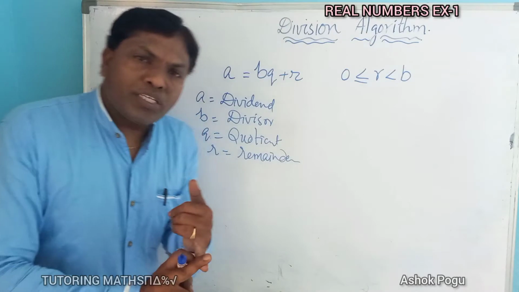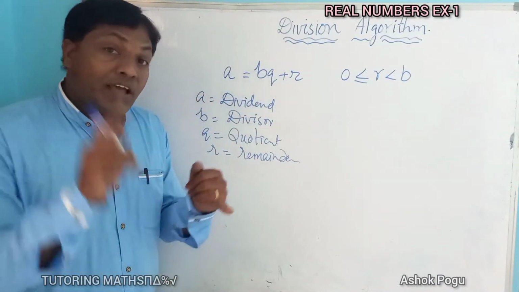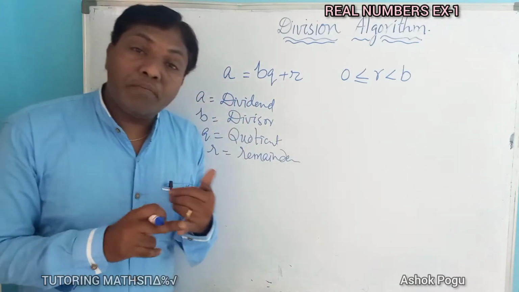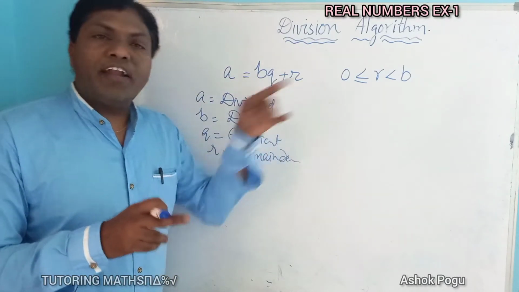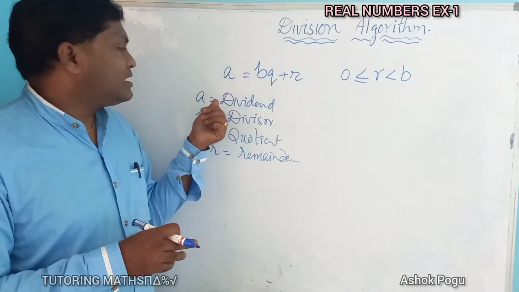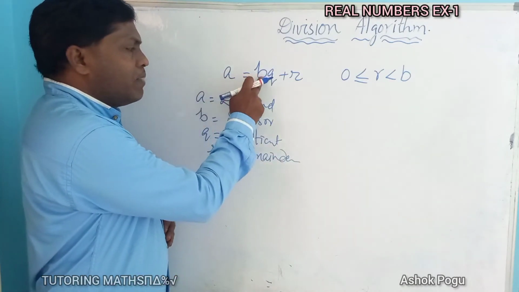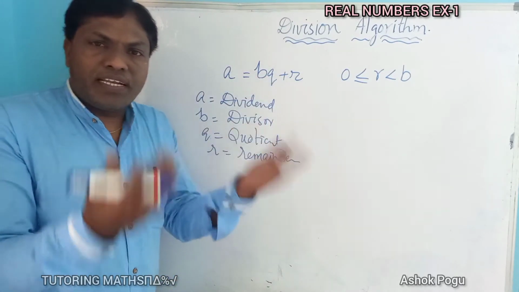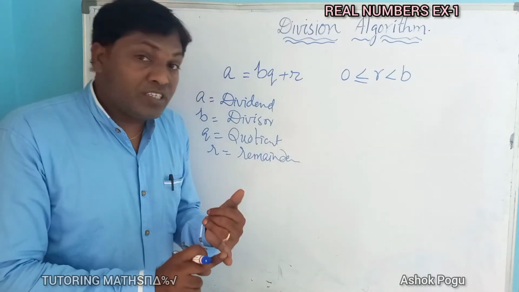For any two positive integers a and b, where a is the bigger number, the dividend, and b is the smaller number, the divisor, we can find q and r. We can find the quotient and remainder with the help of the dividend and divisor. When you divide the dividend by the divisor, we get some quotient, and at last you may get a remainder.